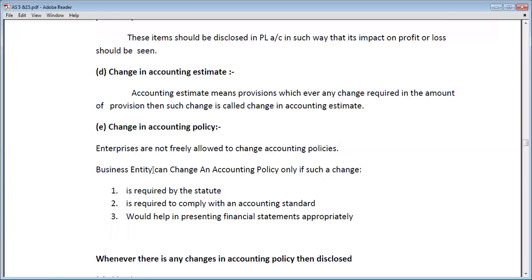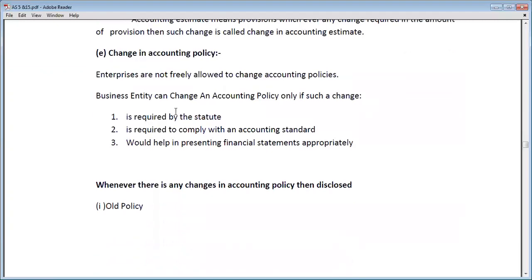ओके, तो a business entity can change an accounting policy only if such a change. सिर्फ इन्हीं कंडीशंस में आप अपनी पॉलिसीज को चेंज कर सकते हो. If change is required by the statute, that means if the change is required by any law or any statutory body. Okay, if it is required to comply with an accounting standard, अगर आपको अकाउंटिंग स्टैंडर्ड में ये रिक्वायर्ड है कि आपको चेंजेस करने, जैसे अकाउंटिंग स्टैंडर्ड में ही कोई चेंजेस आ गए, अकाउंटिंग स्टैंडर्ड में ही पॉलिसीज में कुछ चेंजेस कर दिए, तो उसे आपको करना कंपल्सरी है.